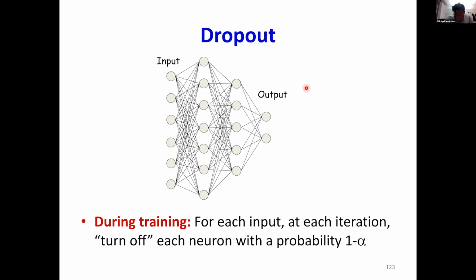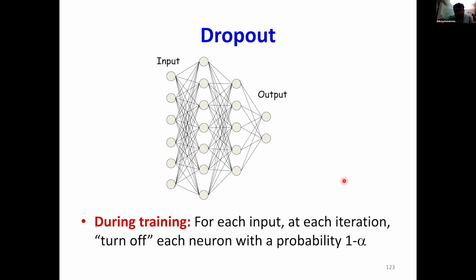So now, in our neural network, when you perform dropout, during training, for each input, at each iteration, you're going to turn off each neuron with some probability 1 minus alpha. So if this was your network, you're going to flip a coin whose probability of heads is alpha for every one of these neurons, including the inputs.